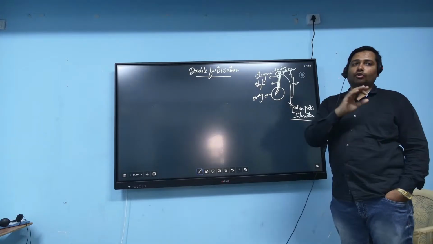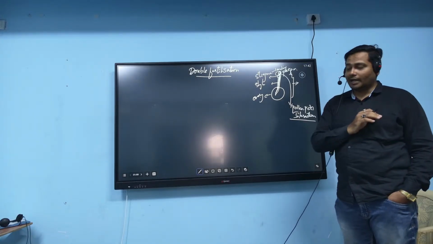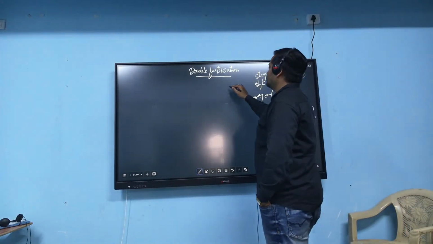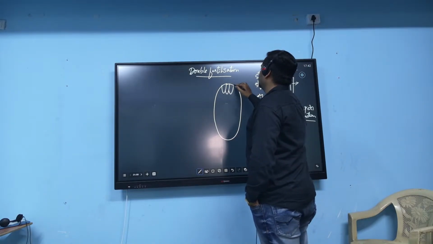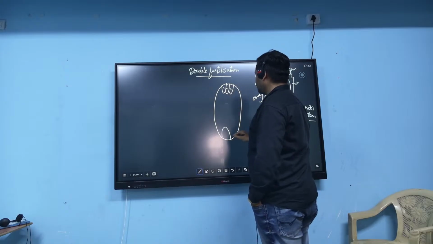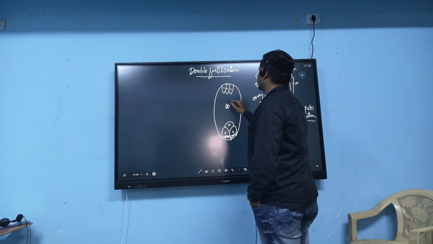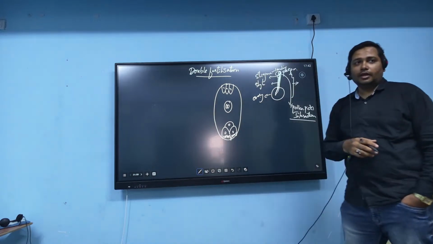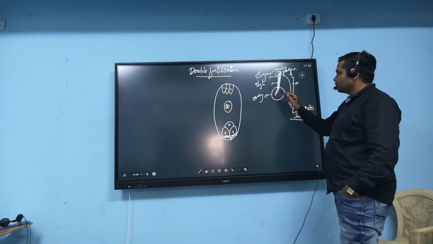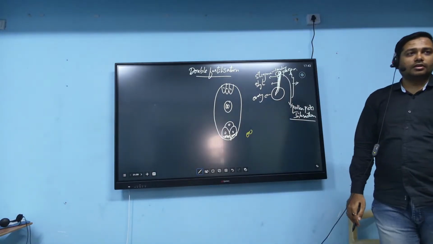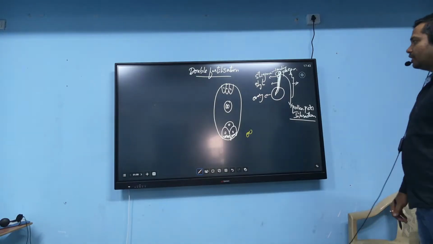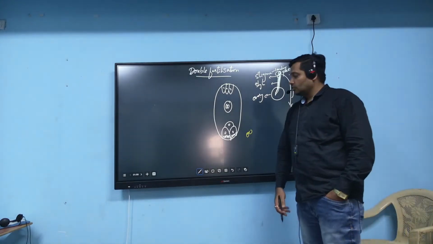Now, inside the ovule, nearby to the embryo sac, this is the embryo sac. In the matured embryo sac, the pollen tube will release two male gametes nearby.